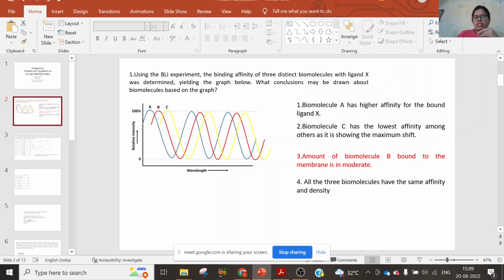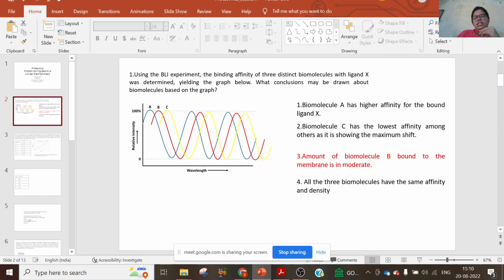But here, option 1 says biomolecule A has higher affinity for the bound ligand X. This statement does not hold true because the correct answer is C. C has the highest binding affinity. Now option 2 is biomolecule C has the lowest affinity among others as it is showing the maximum shift.